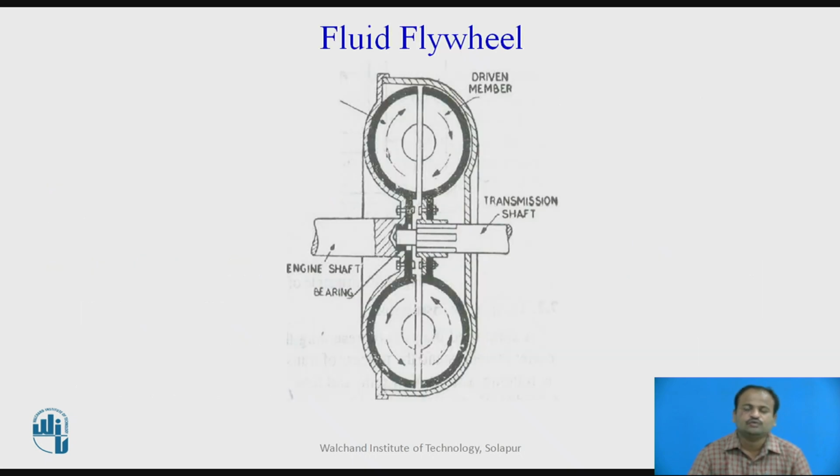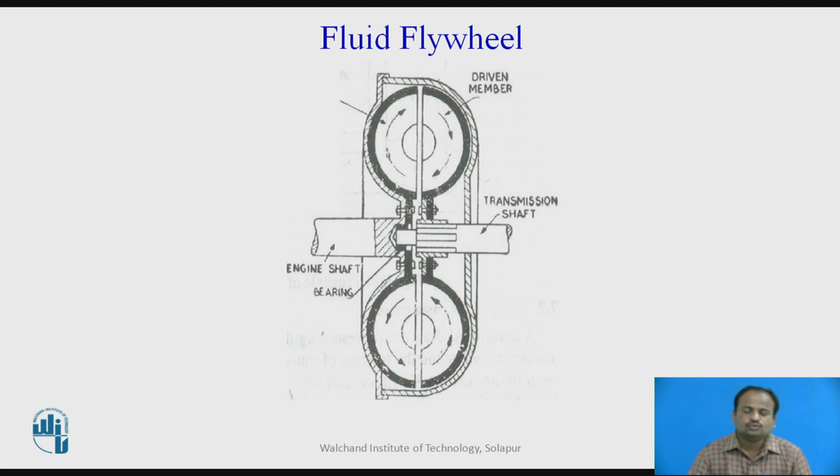Next one is fluid flywheel. Fluid flywheel also works the same as the torque converter, only the stator is absent over here. So here two members are there, one is driving member and the other one is driven member. The driving member is having the fluid.